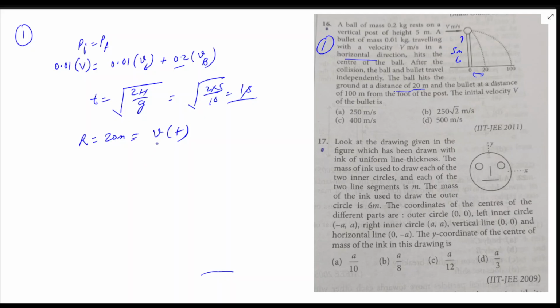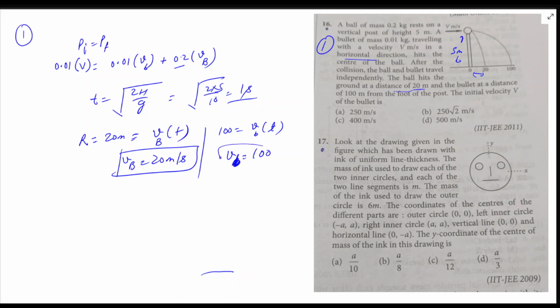This is the velocity of the ball, capital V_B, which turns out to be 20 meters per second, because time is 1. And now for the bullet, 100 equals v_b into t again, so small v_b will be 100.